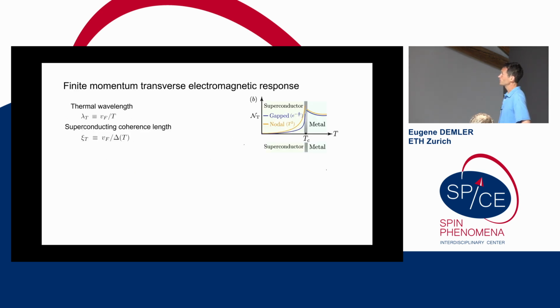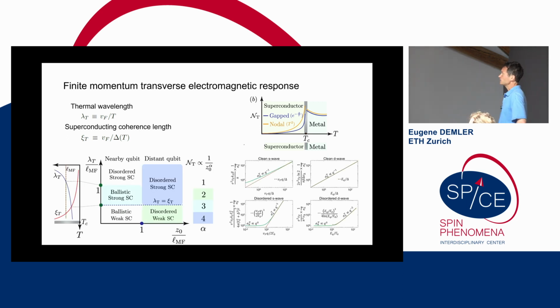So the zeroth-order prediction is that if one measures 1 over T1, one just needs to measure noise as a function of temperature and monitor whether it goes as a power law or exponential. There are some subtleties here. For example, if we take a d-wave superconductor with finite density of states, or say superconductors with magnetic impurities, there may be other types of behavior due to nodal states.